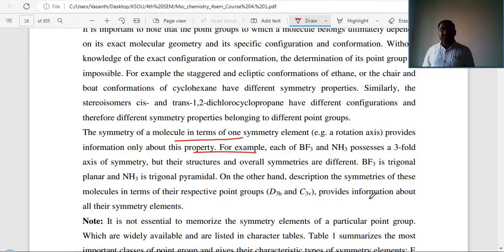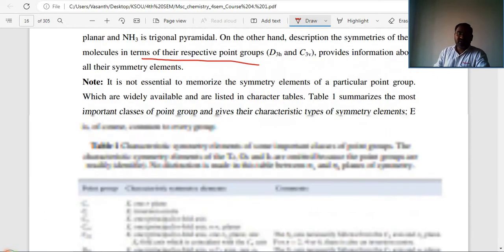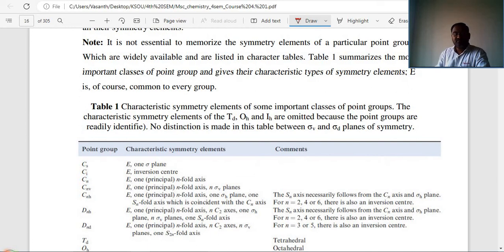On the other hand, describing the symmetry of these molecules in terms of their respective point groups provides information about all the symmetry elements. These are all characteristic symmetry elements of some important classes of point groups.